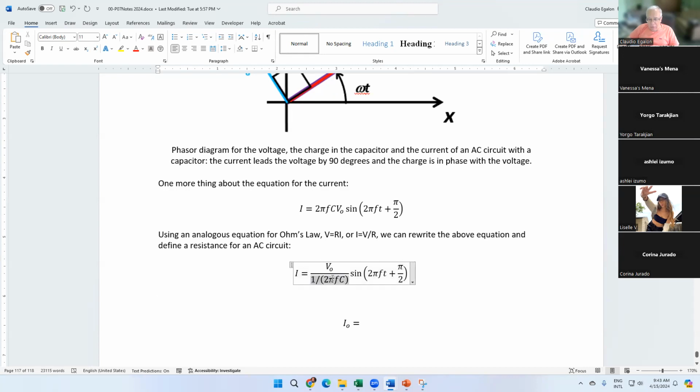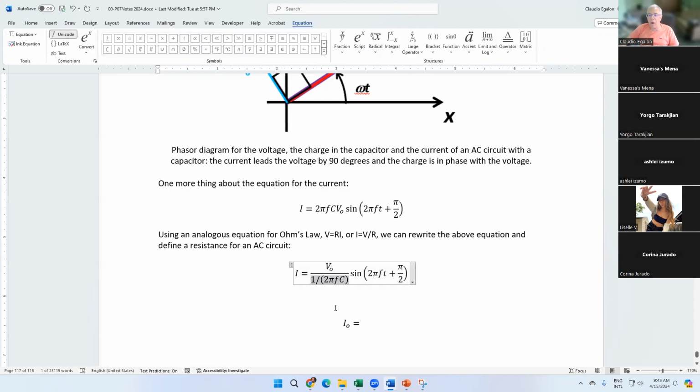And this term that you see right here downstairs, we call it an AC resistance.